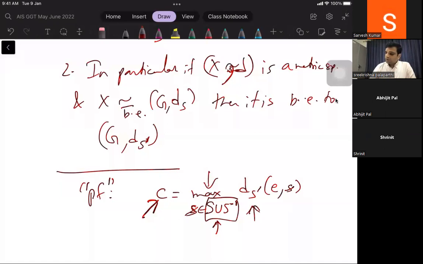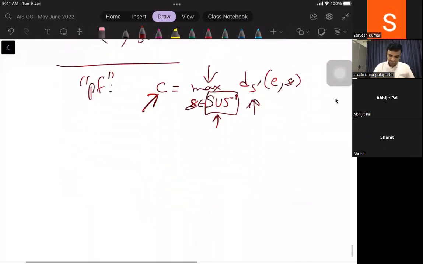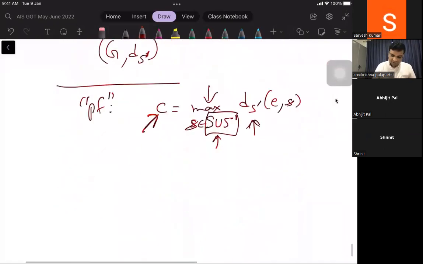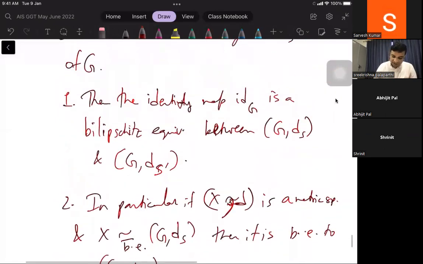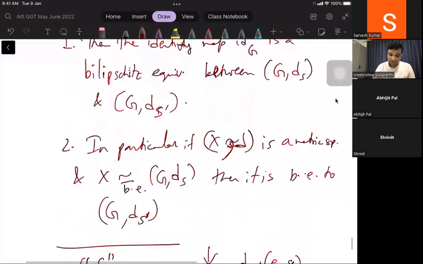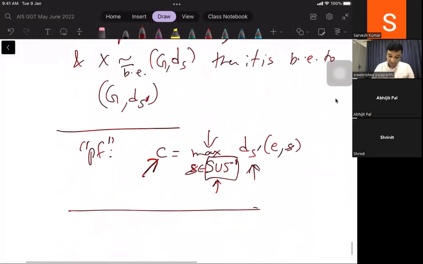All right. So without further ado, I'll directly announce that. Because G with d_S and G with d_S prime are bi-Lipschitz equivalent, they are certainly quasi isometric.